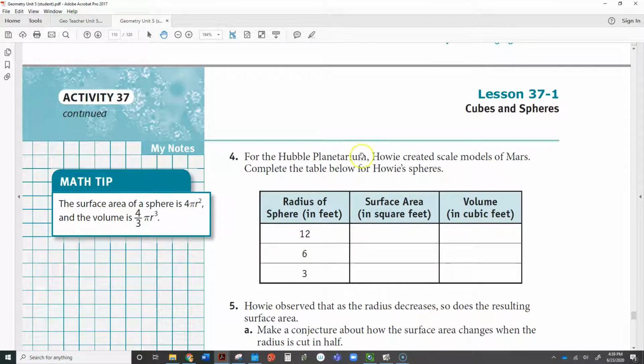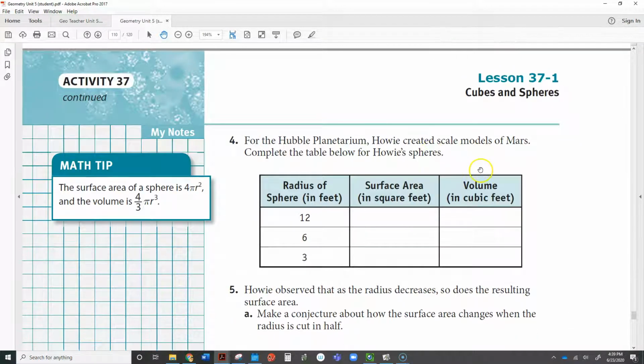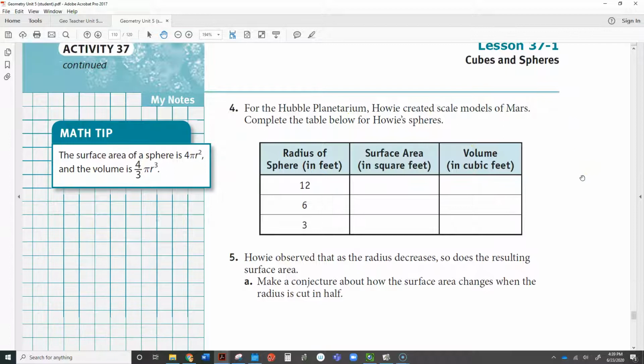All right. For the Hubble Planetarium, Howie did some spheres. Okay, so the surface area of the sphere is going to go from 12 to 6 to 3. You see that that's times 0.5 and that's times 0.5. So this is how the radius is changing.